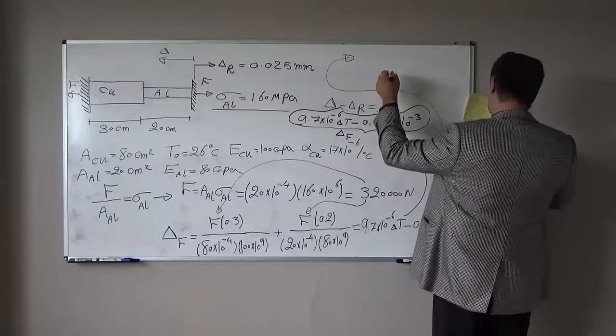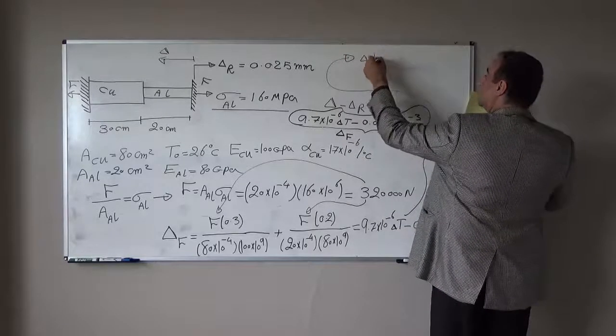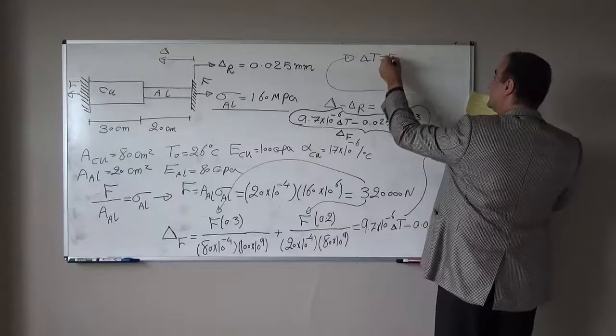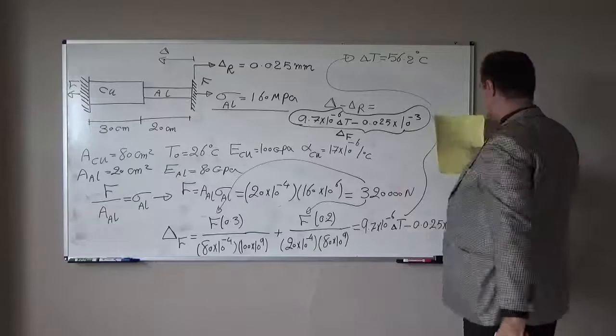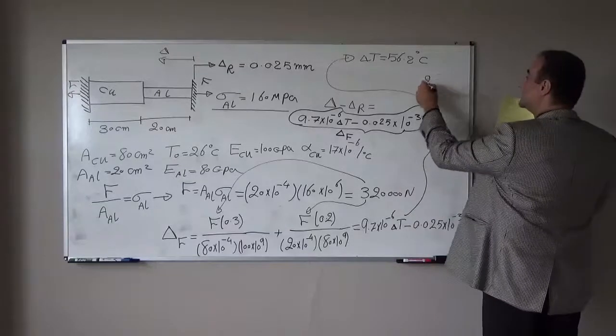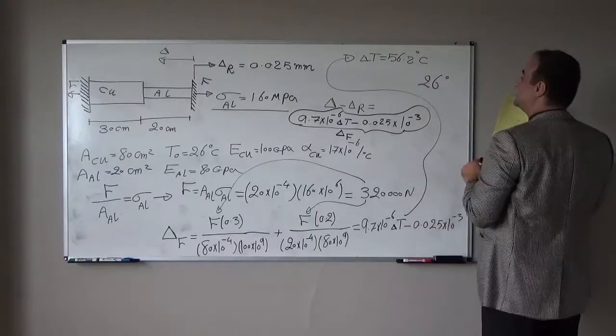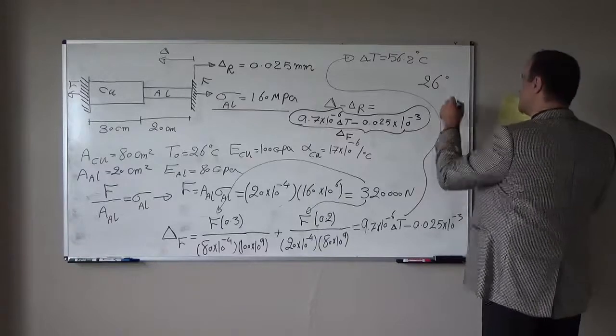Delta T will be equal to 56.2 degrees Celsius. So room temperature is 26 degrees Celsius.